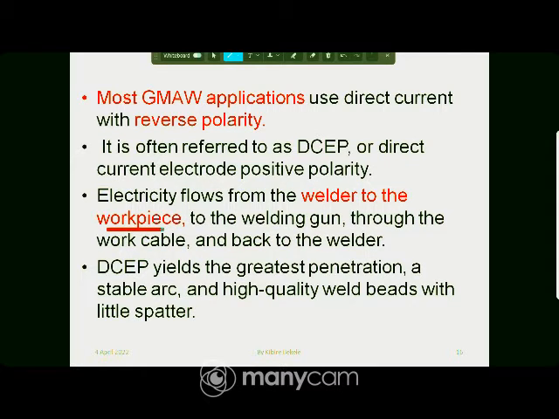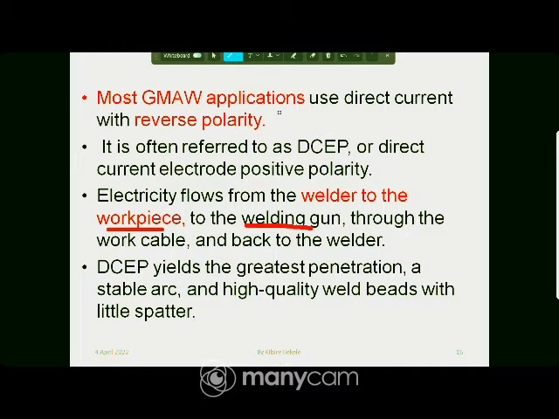So the electrons flow from the welder to the workpiece and to the welding gun, through the work cable and back to the welder.